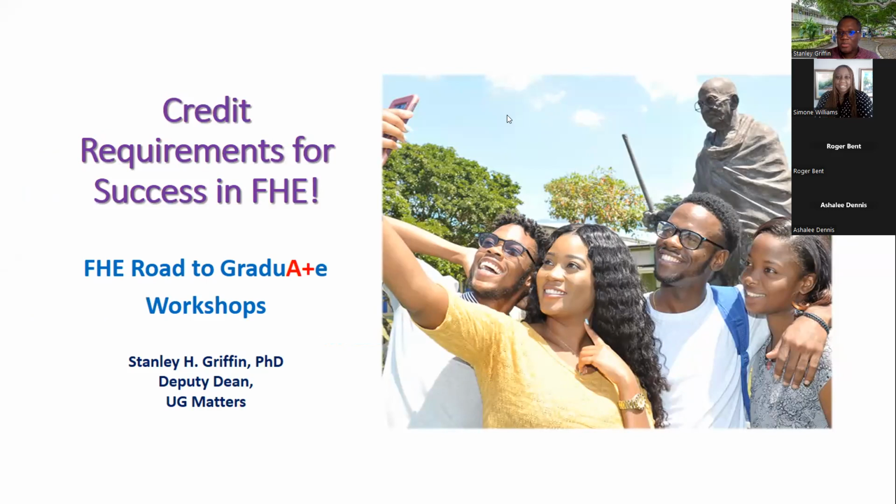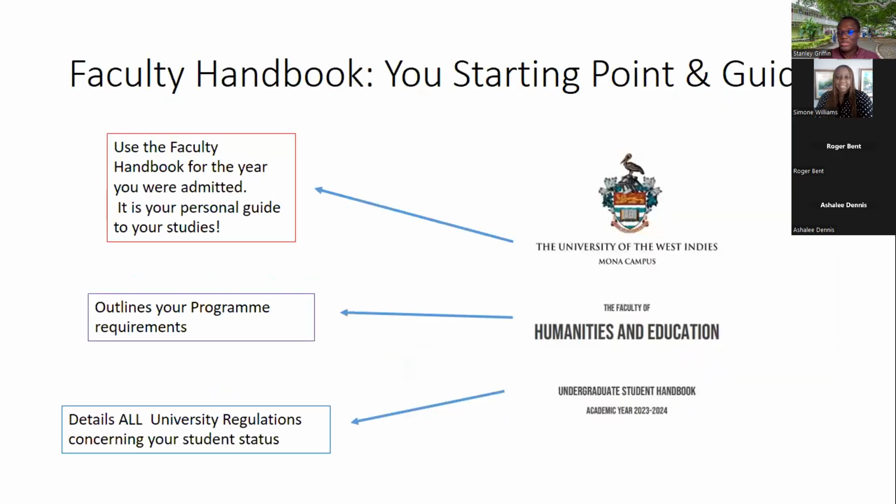So I want us for the next few minutes, which will be short, to think about what are the requirements for success as it relates to your credits. Now, it's going to be very basic. You might be saying you're wasting your time, but it's so basic because so many people fail to do the very basic things.